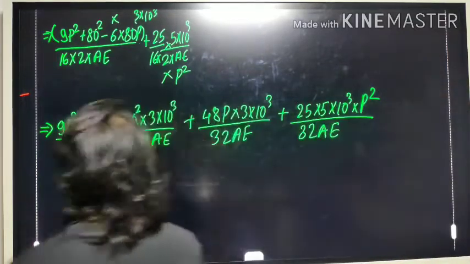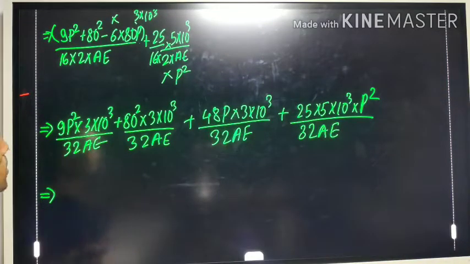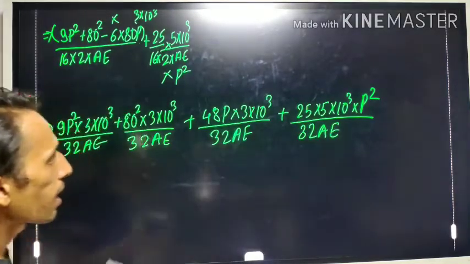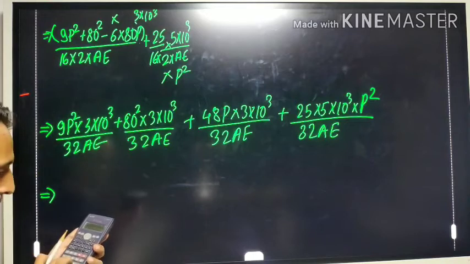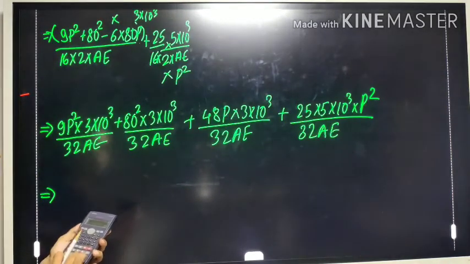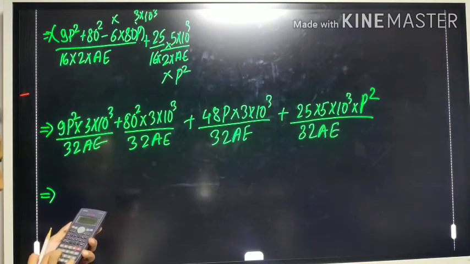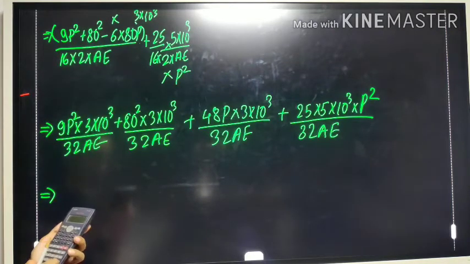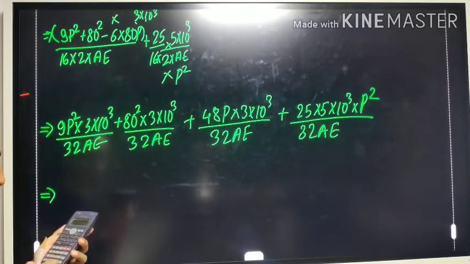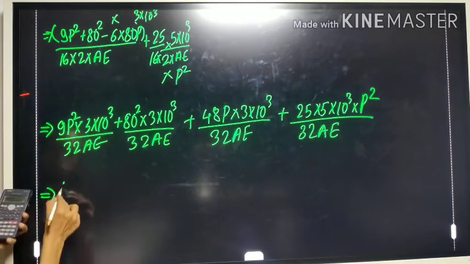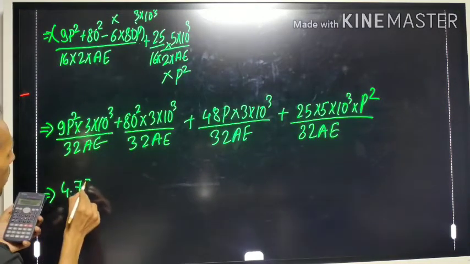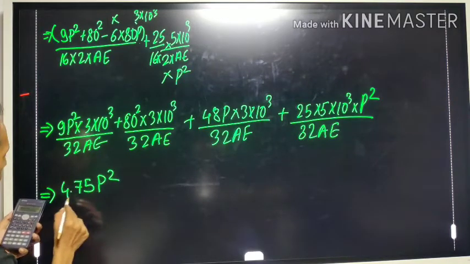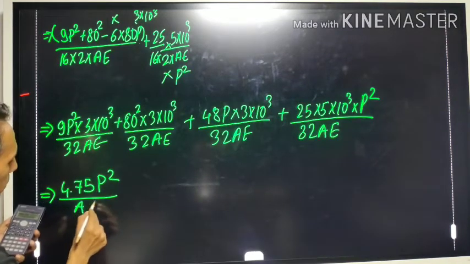Then further solving this, this is a P square term, this is a P square term, I can club them, so it is (125 plus 9 into 3) divided by 32, it is 4.75 P square divided by AE.